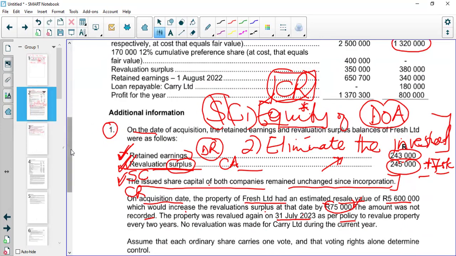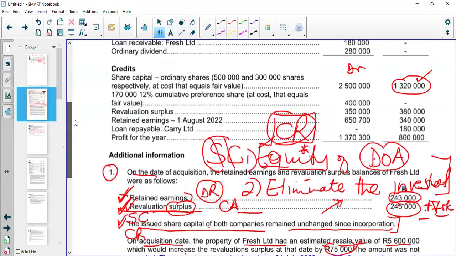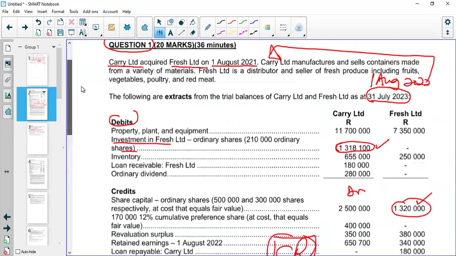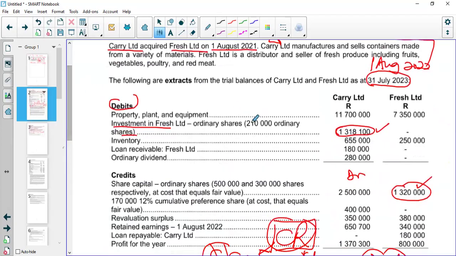So we need to know the percentage of the NCI so that we can also allocate the NCI, their share of the subsidiary on the date of acquisition. So we need to determine what's the percentage shareholding. And like we always say, the percentage shareholding is based on the number of shares acquired. So the number of shares acquired is 210,000.